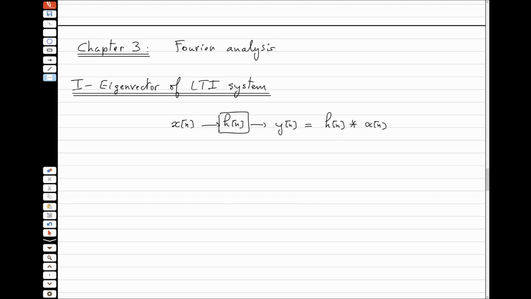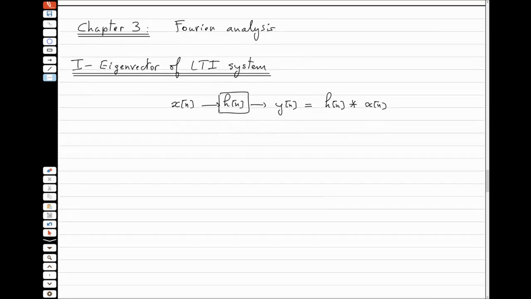And it's very difficult to anticipate what the system is going to do on an input just from this convolution.